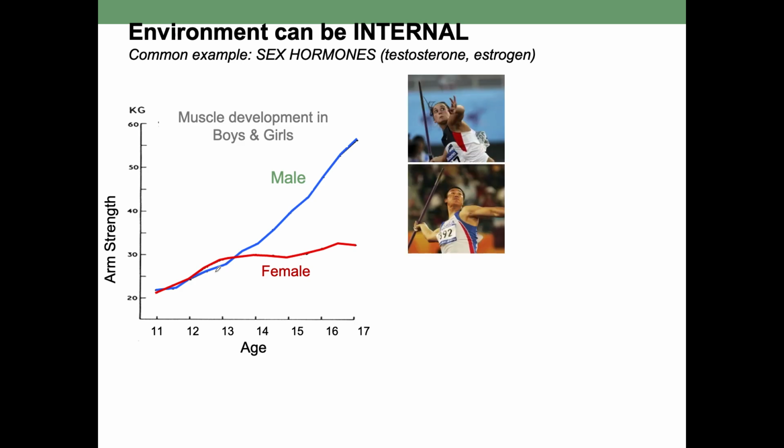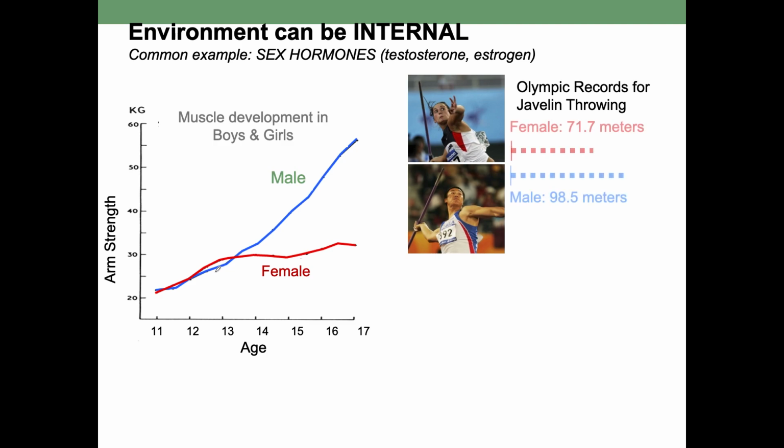And so if you look at different measures of performance in biological males and females, there are differences when we're thinking about things that are related to strength. And that's related to this underlying internal environment. Here is some data on Olympic records for javelin throwing. In biological females, it's 71.7 meters.